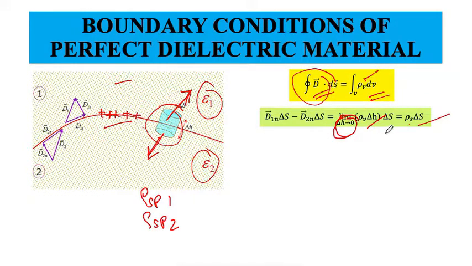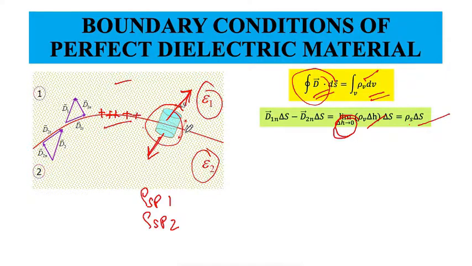This is how you convert a volume into a surface, and likewise a surface into a line. You have a surface, then you reduce its height and make it into a line charge. You can then reduce the line charge length to make it a point charge.